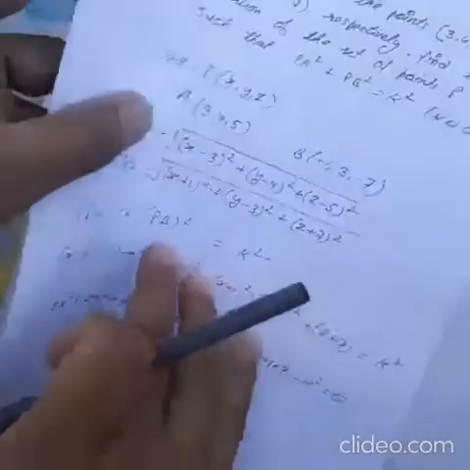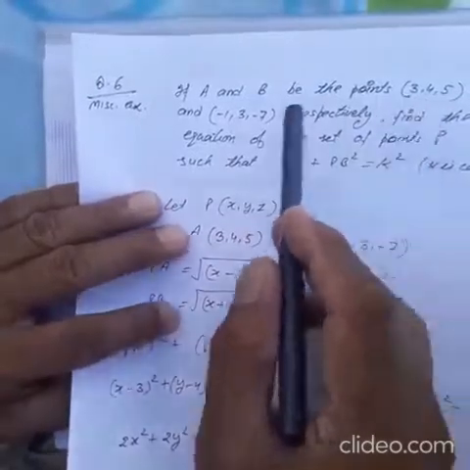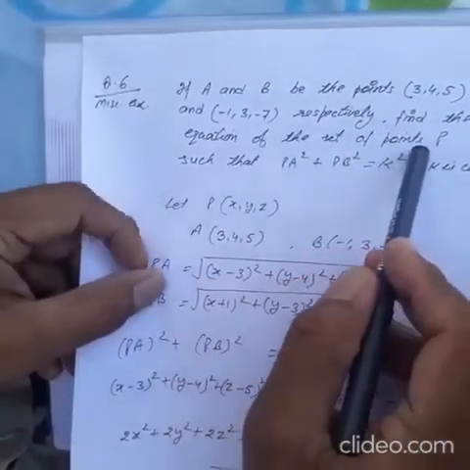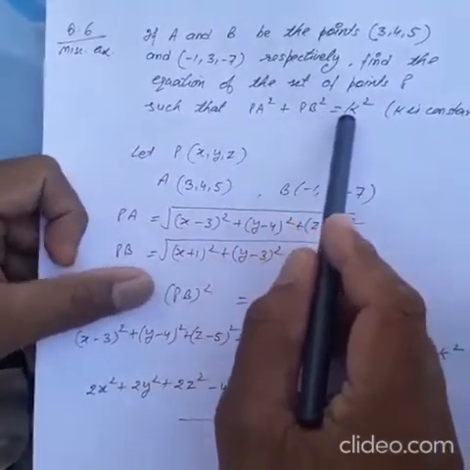Then move on to question number 6. The statement is: A and B are the points (3, 4, 5), and the other coordinates are given. Find the equation of the set of points P such that PA square plus PB square is equal to k square.